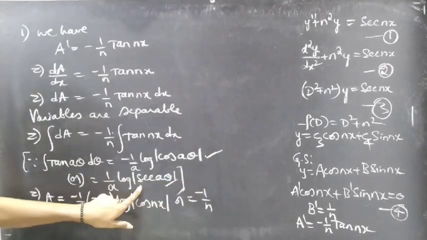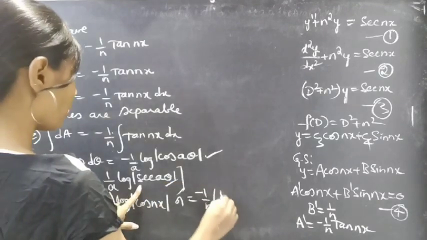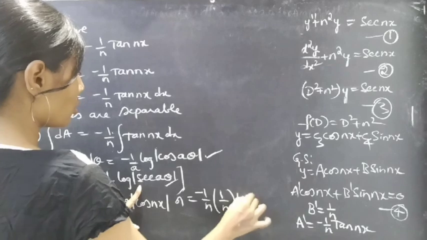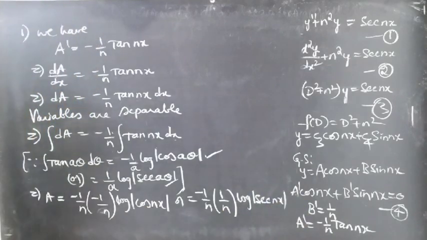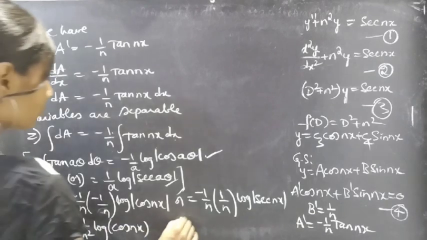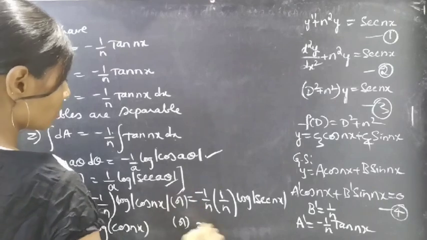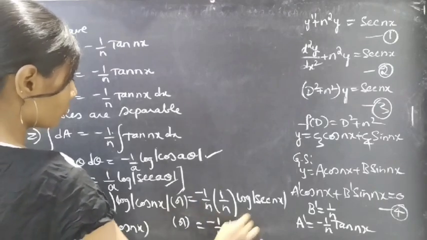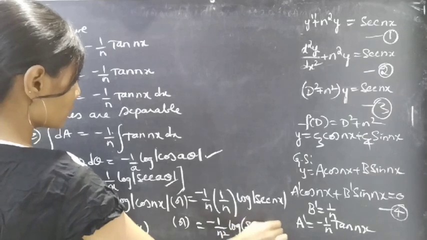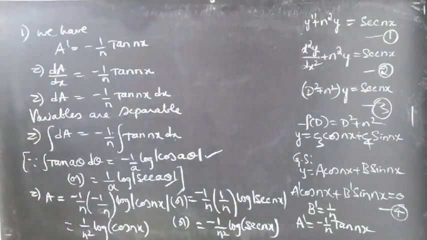For the second one you'll have 1 by n log mod secant nx, which equals minus into minus plus 1 by n square log of cos nx, or minus 1 by n square log of secant nx plus an integral constant, say c1.